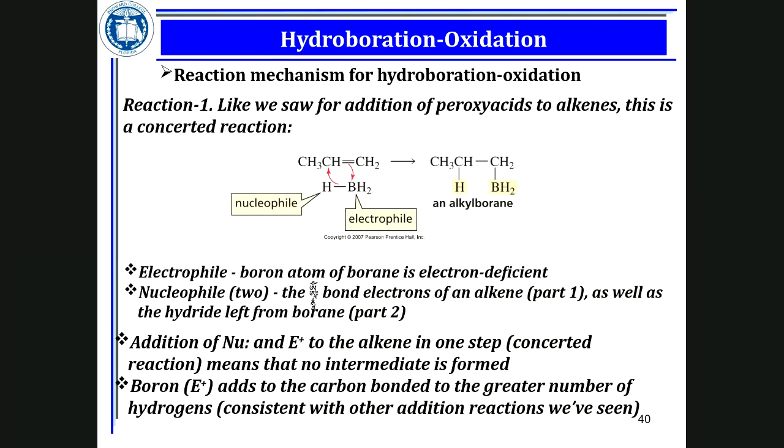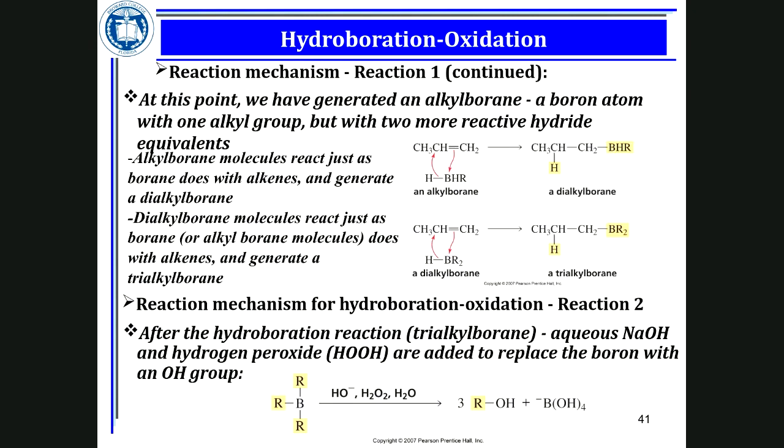In the first step, a bridge is going to form, and when the bridge forms, you get the H added to one carbon and BH2 added to the other carbon. Then when you do oxidation, you replace the BH2 with the OH.